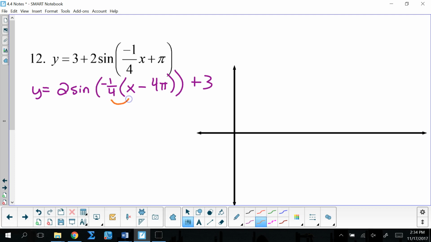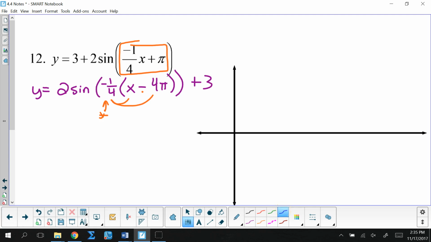When you distribute this in back here, you should get negative 1/4 x plus pi. Negative 1/4 times x gets me the negative 1/4 x. Negative 1/4 times the negative 4 pi gets me positive pi up there. Now that negative sign right here will come into play in a little bit. Just remember that it's there. We'll put a little asterisk by it. Okay?